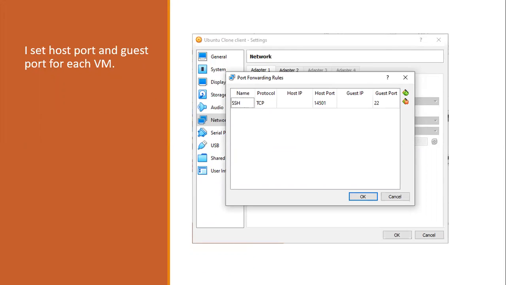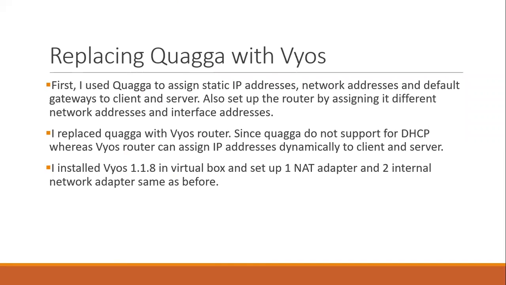I set host port and guest port for each VM. I allotted a different host port number to each VM and the same guest port 22 to each VM. First, I used Quagga to assign static IP addresses, network addresses, and default gateways to client and server.